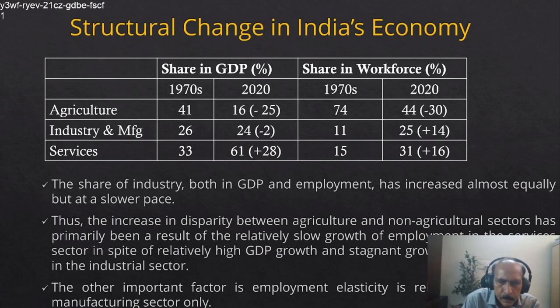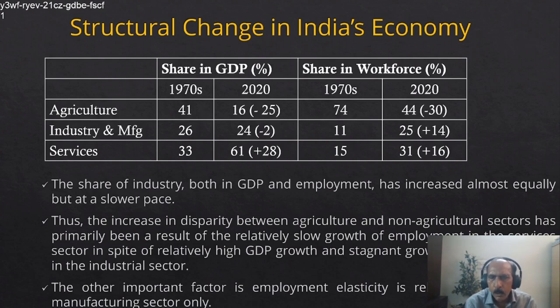On the other hand, the industry and manufacturing sector, as I mentioned, is a very important sector and needs to be expanded at the first stage. When the economy grows, the industry manufacturing sector expands and absorbs the workforce released by agriculture. But this has not happened in India, despite the fact that this sector has high employment elasticity.